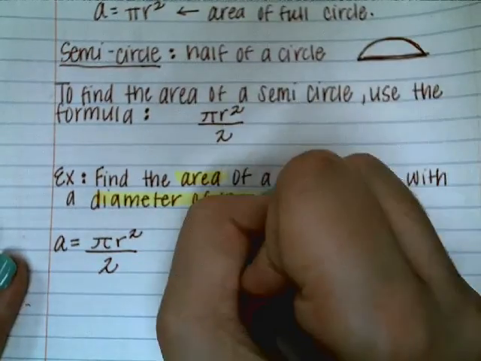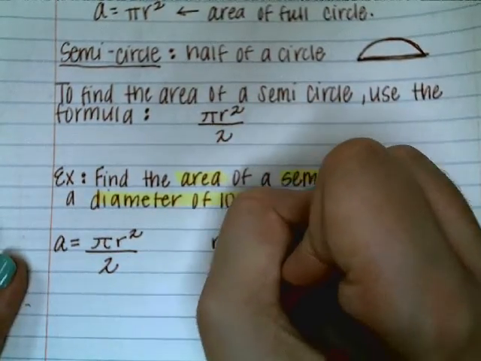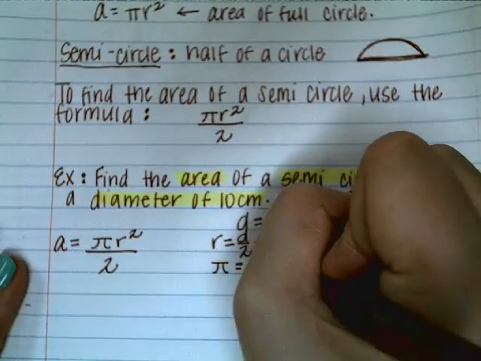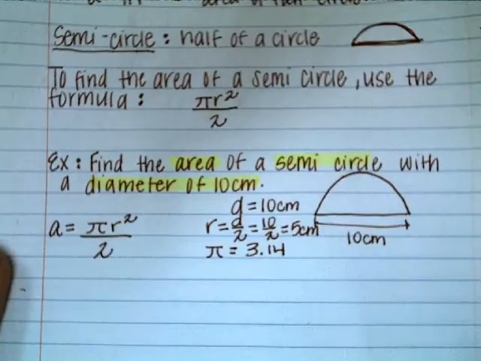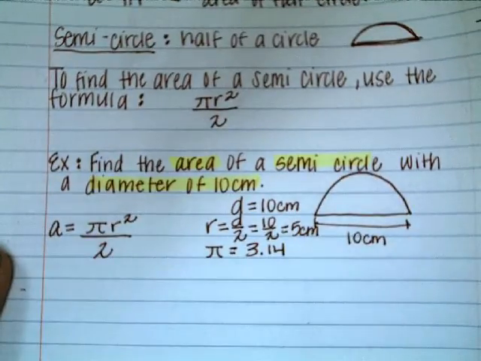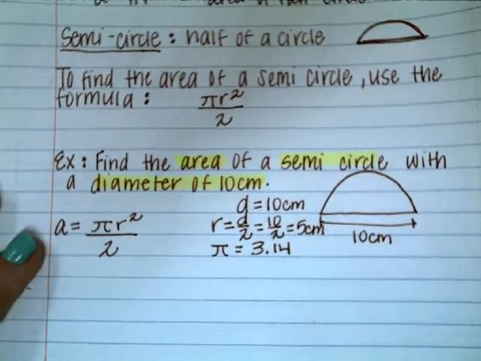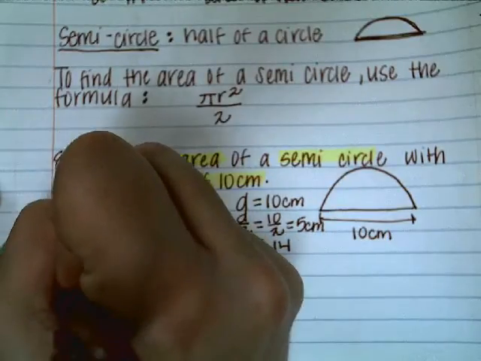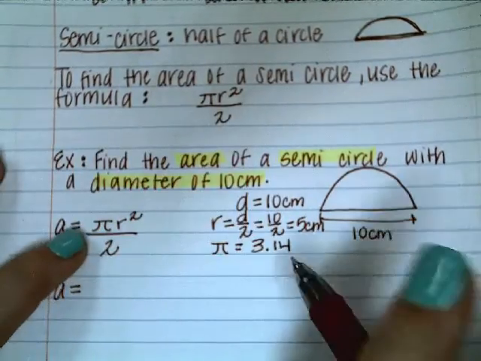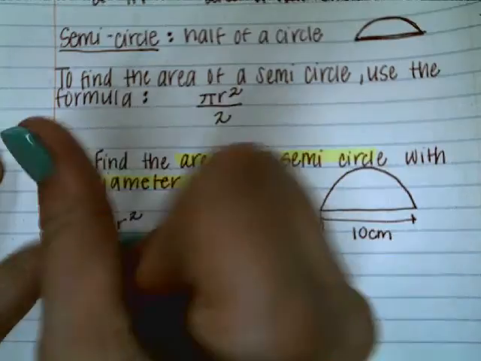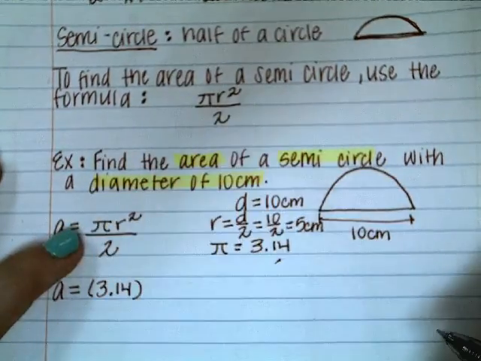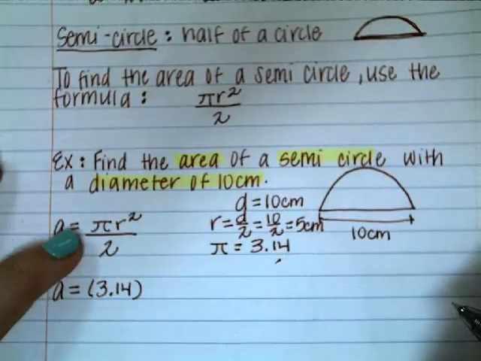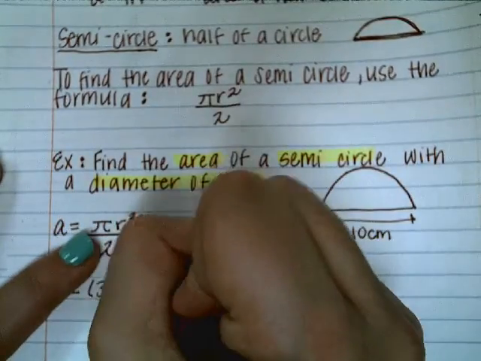We also know what pi is. Pi equals 3.14. We then want to plug in what we have into our formula. Since we're looking for area, A is going to stay the same. For pi, we're going to put 3.14. For R, for radius, we're going to put 5.